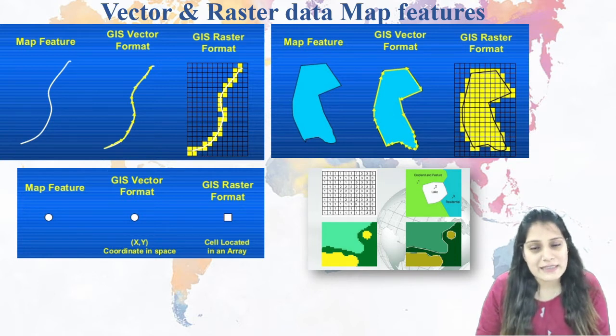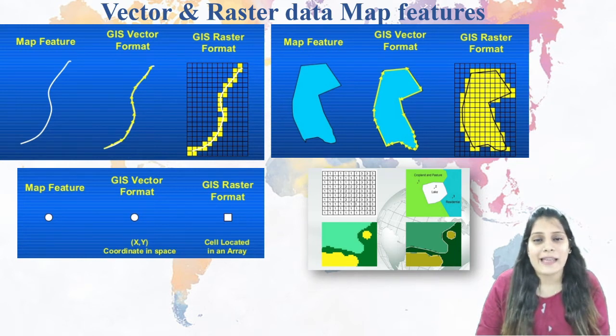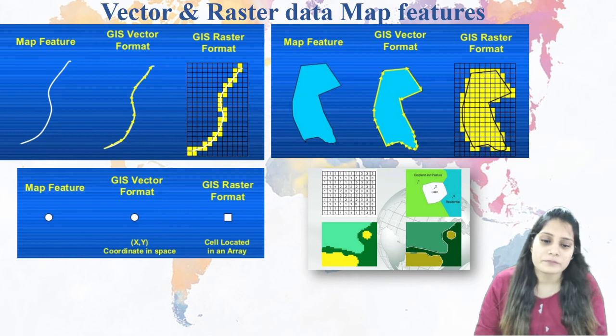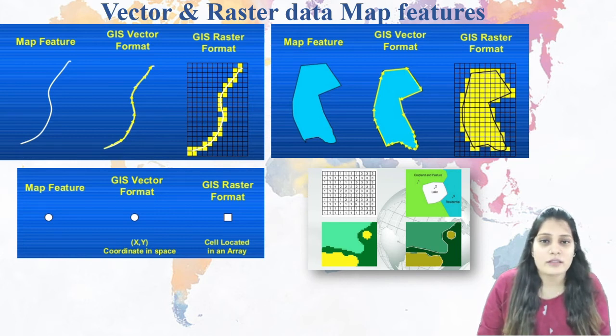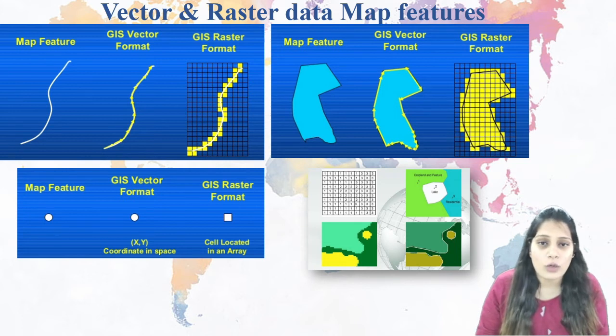Numbers of cells and grids basically show the raster, right? And a series of points, that is geographic coordinates, shows the vector. Similarly, for the polygon, you can see the vector and raster format, right? I guess with this, you are very much clear what is vector and what is raster.